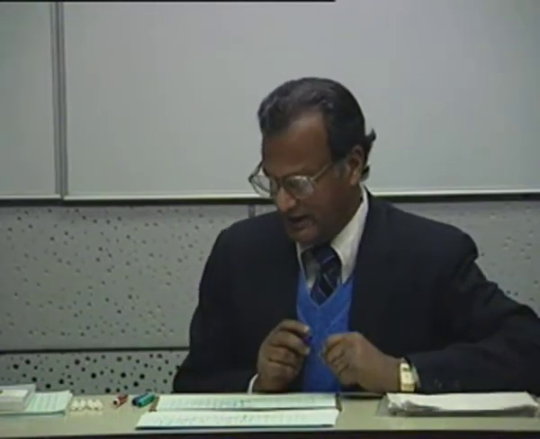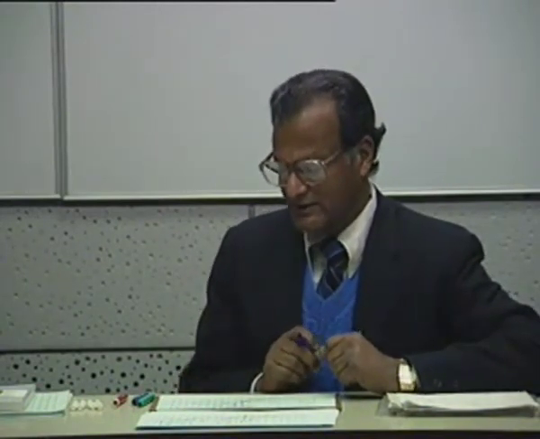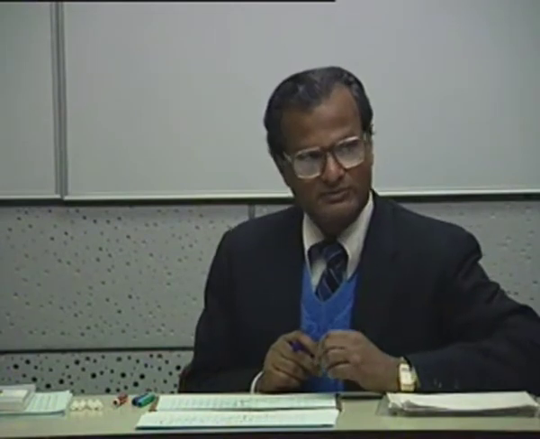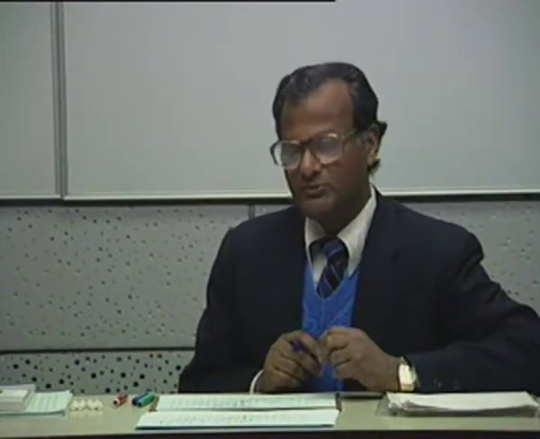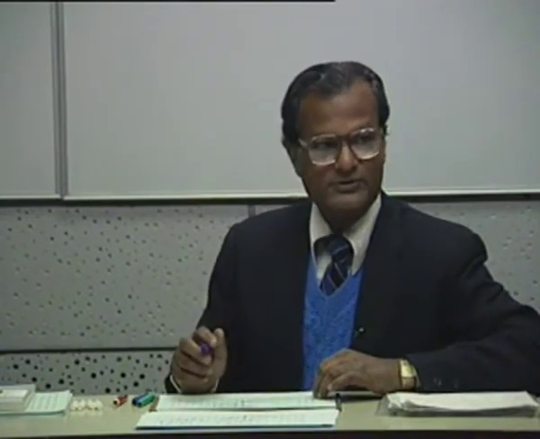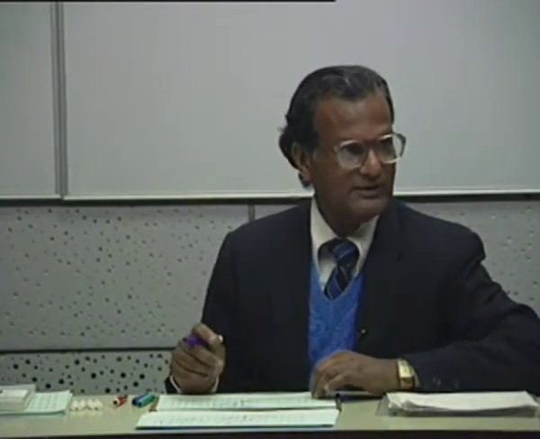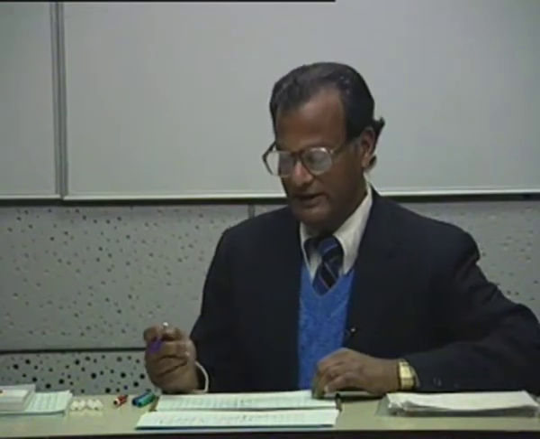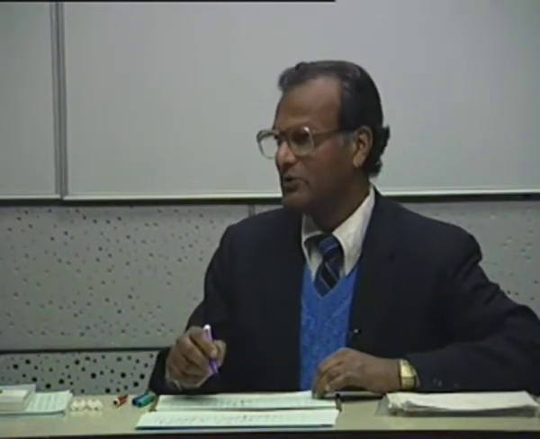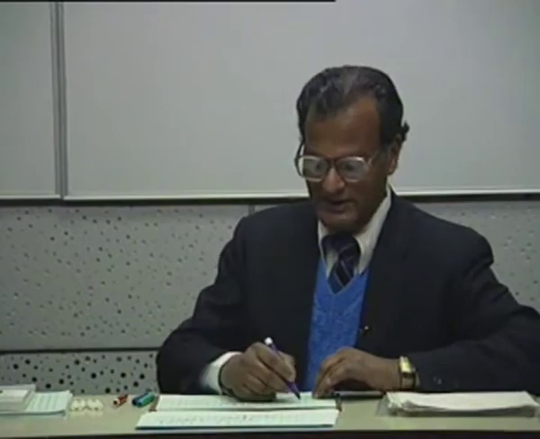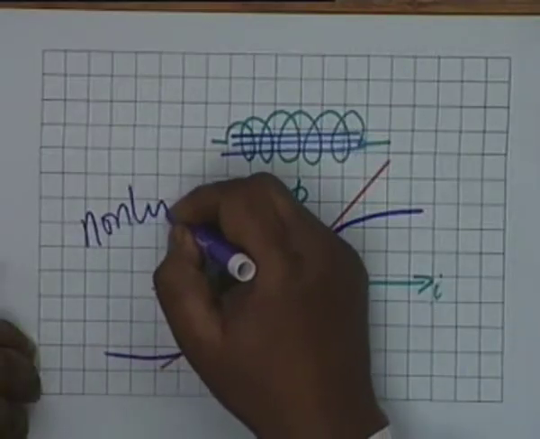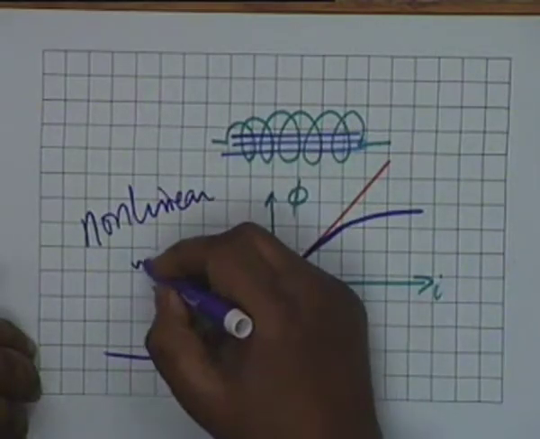The point that I am mentioning is that the flux versus current relationship, which should be linear for a linear inductor, if you use iron as a core, then it tends to become non-linear, and therefore an iron cored coil is an example of a non-linear inductor.